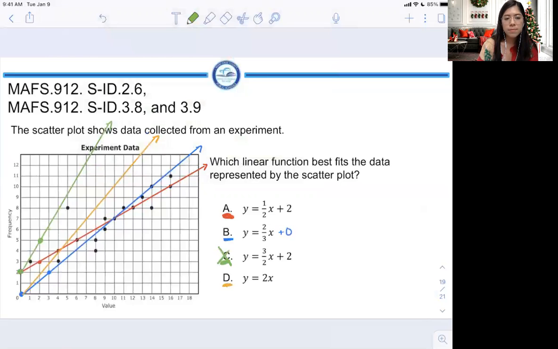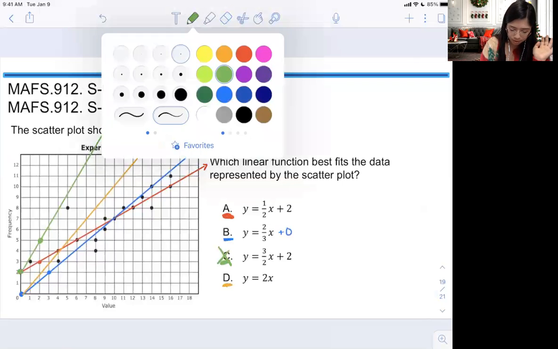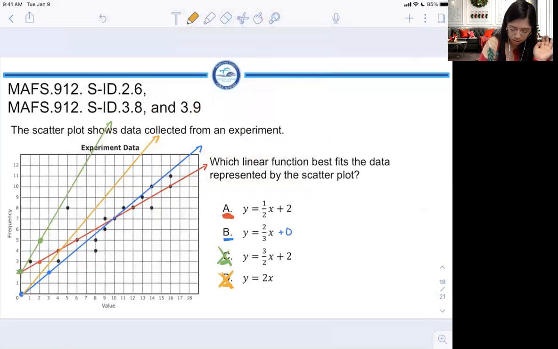Remember, we're looking for the one that cuts through the middle of all those points. D is definitely out, it's going all over the place. It only touches one point a little. So I'm going to get rid of those.